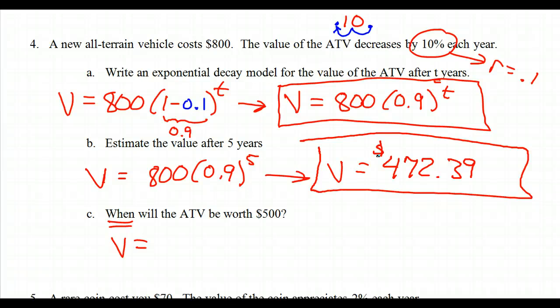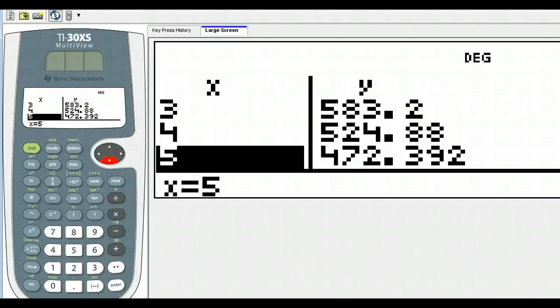Now, when will the ATV be worth $500? With these questions, we should be looking right here and looking for when it hits $500. $500 is somewhere between 4 years and 5 years.